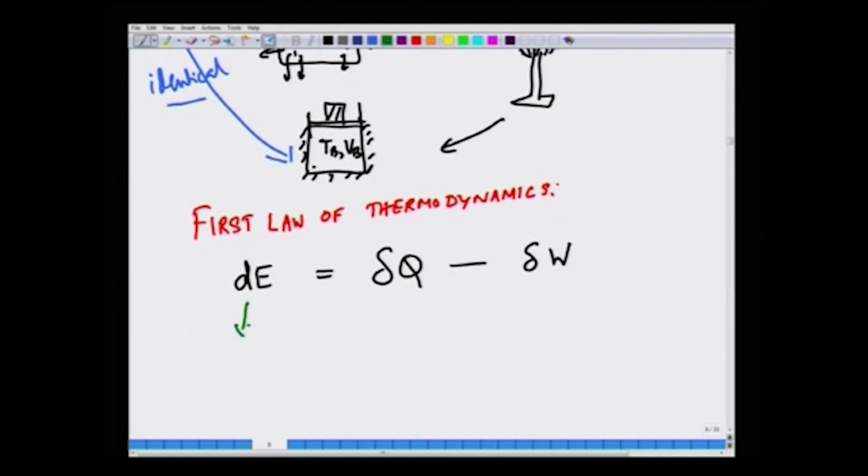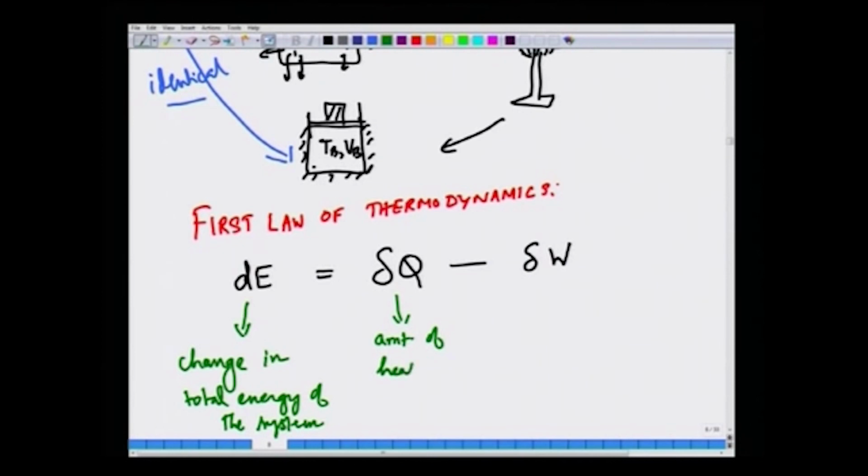So, this is the change in total energy of the system is equal to the amount of heat transferred to the system, minus the amount of work done by the system on the surroundings.